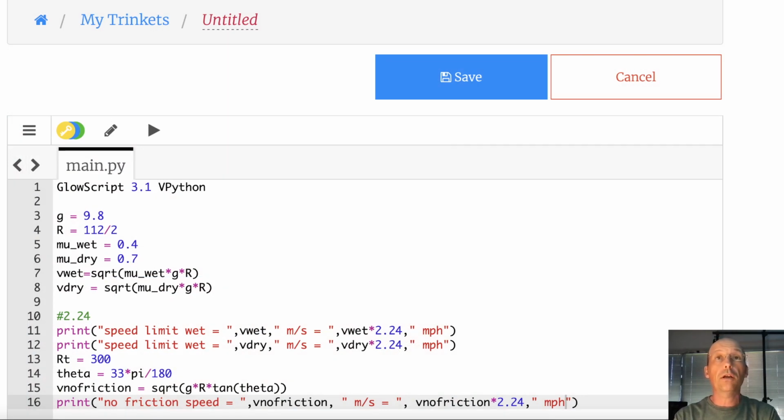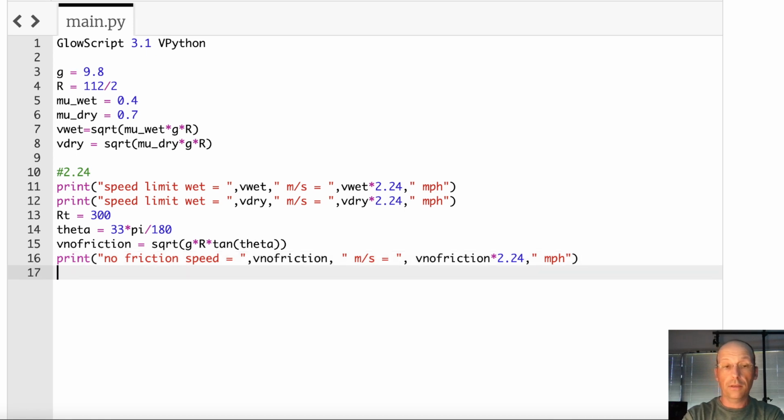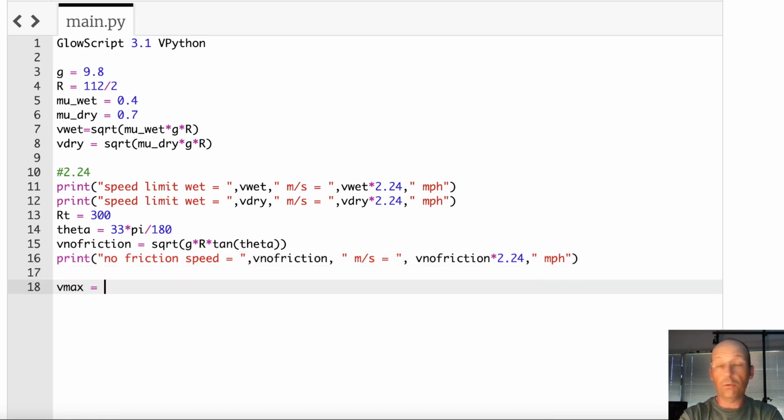So what am I doing here? Let's see. I need theta. I got that. And I'm going to use mu dry. So let's just print, let's do Vmax equals, I'm going to type in the equation. Square root r times g times sine theta minus mu dry times cosine theta.